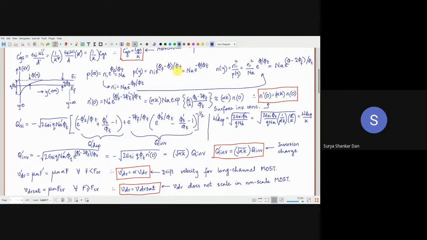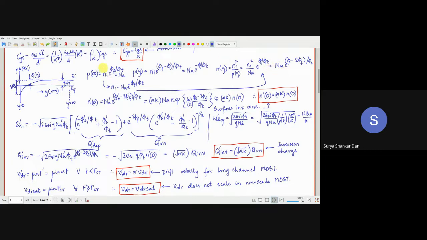This is the same approach which we have done quite a number of times by now. So Ni e to the power of phi f by phi t here is equal to Na. So I have written that Py is equal to Na e to the power of minus phi by phi t. Cool. No issues with that. So how about Ny? Notice Ny will be equal to Ni square by Py. So Ni square by Na, this e to the power of minus phi f by phi t in the denominator goes to the numerator, so it becomes e to the power of phi by phi t.